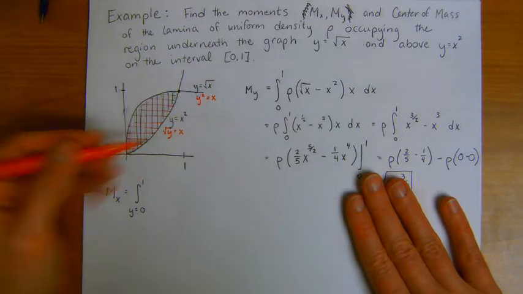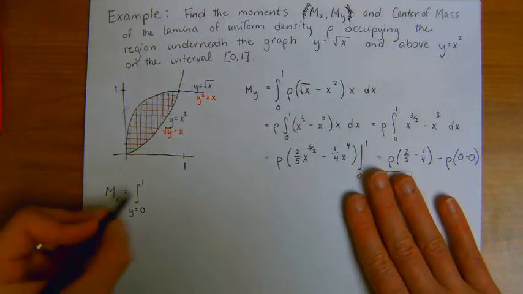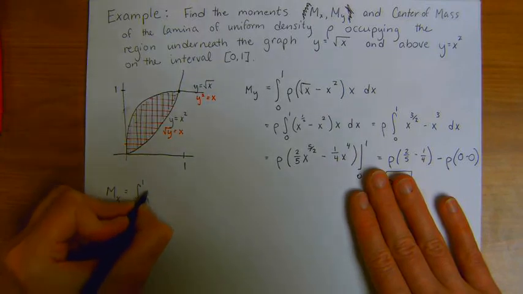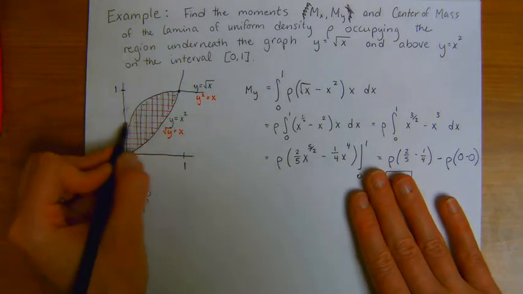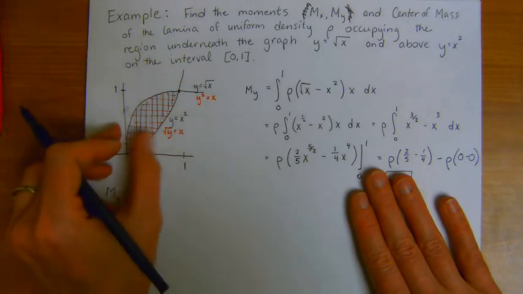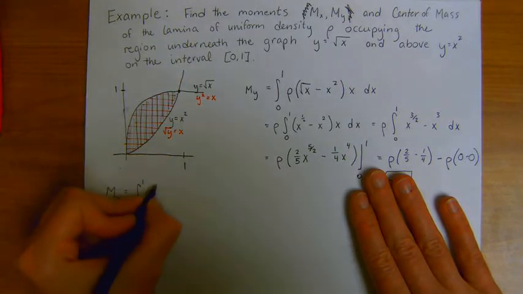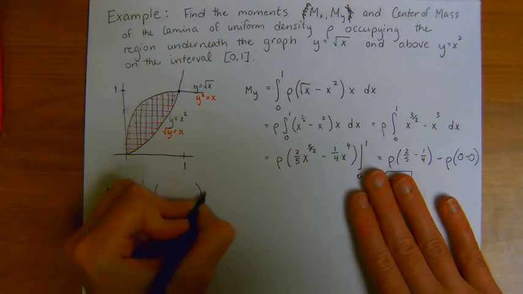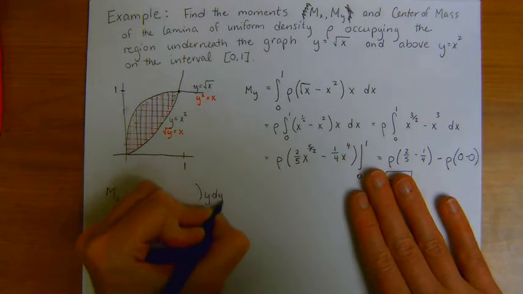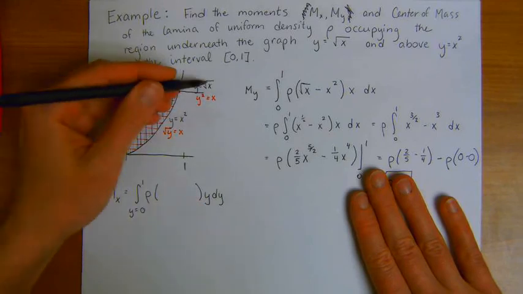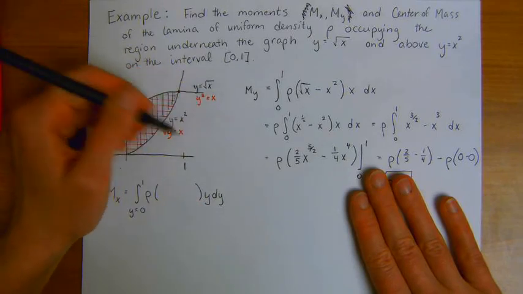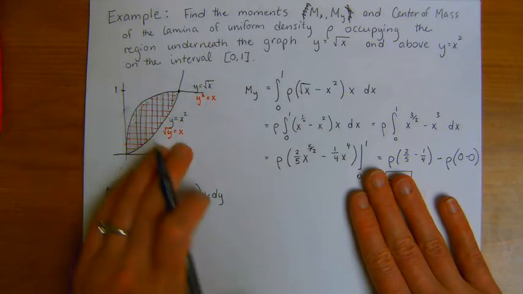Why am I doing this? This integral is with respect to y. It's rho times the difference in heights times y dy. And for the difference in heights, I can't have the difference be in terms of x functions. I have to rewrite these functions in terms of y functions.